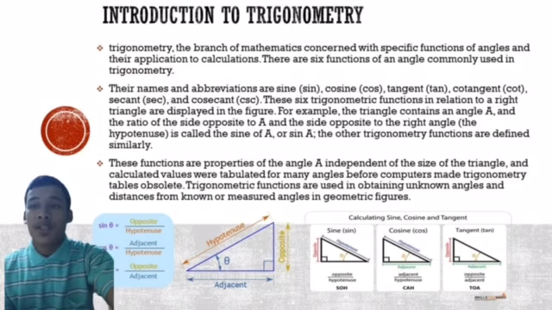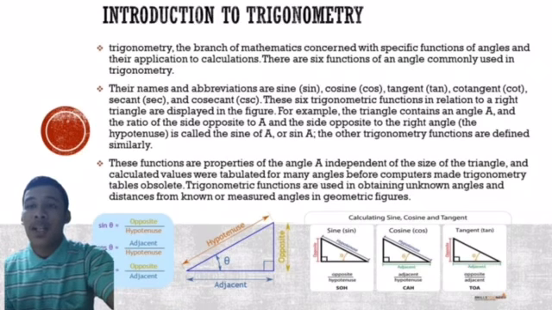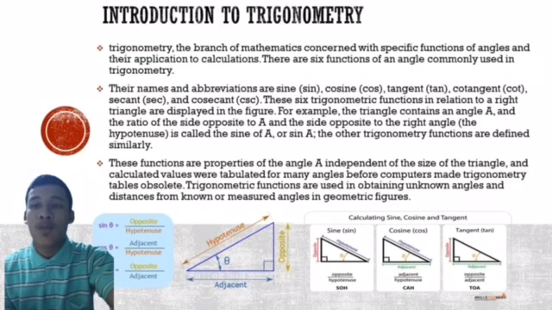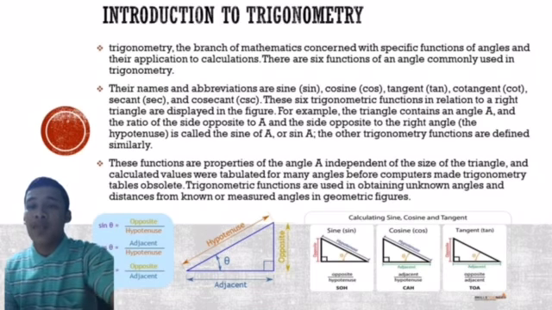For example, the triangle contains an angle A, and the ratio of the side opposite to A and the side opposite to the right angle, the hypotenuse, is called the sine of A or sin A. The other trigonometry functions are defined similarly.